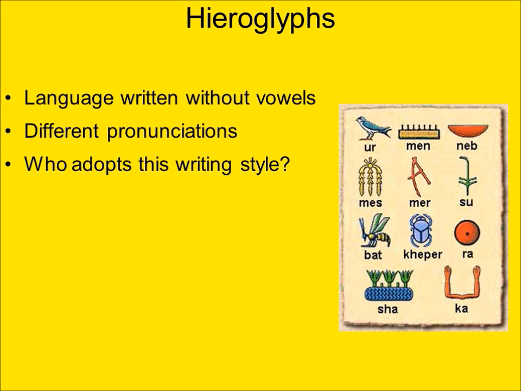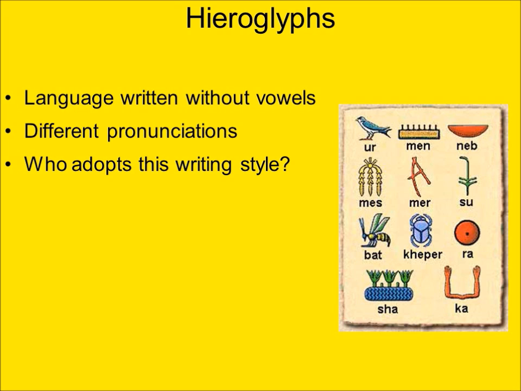For a long time, we as Westerners didn't understand the hieroglyphs, and it wasn't until actually the era of Napoleon that we discovered how to interpret and read hieroglyphs. The Rosetta Stone was uncovered in 1799 by one of the soldiers accompanying Napoleon Bonaparte on an expedition to Egypt, and there were two Egyptian scripts and a Greek script.